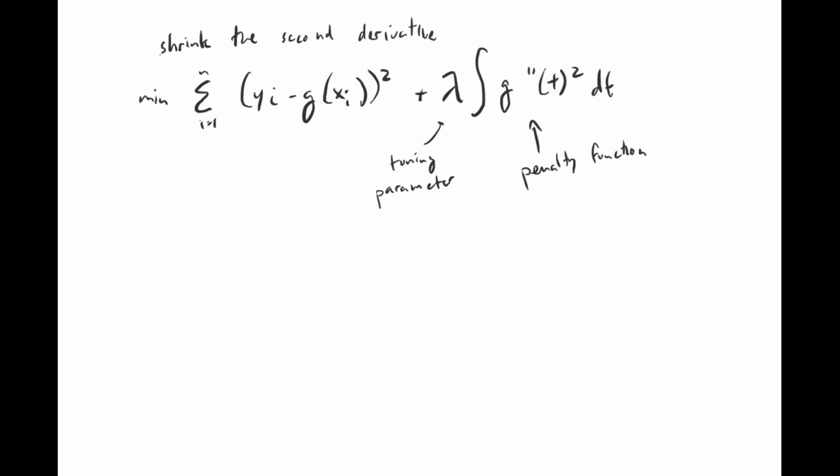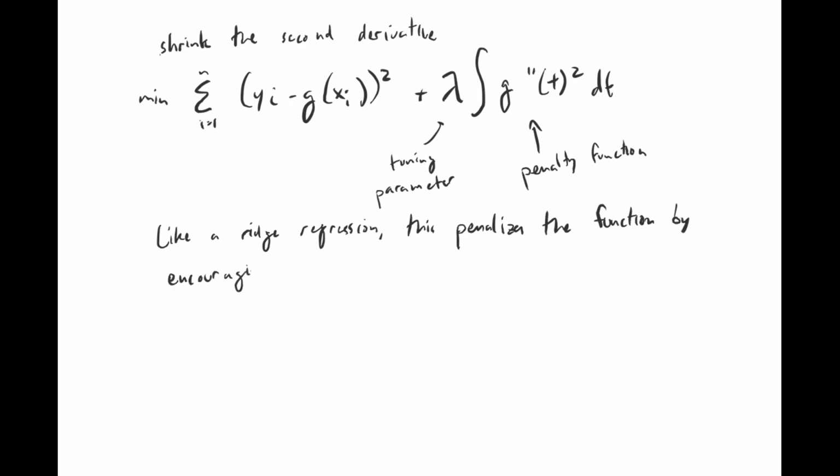Okay, slightly less straightforward, but let me describe qualitatively what it does. So like a ridge regression, this penalizes the function by encouraging, quote unquote, smoothness.